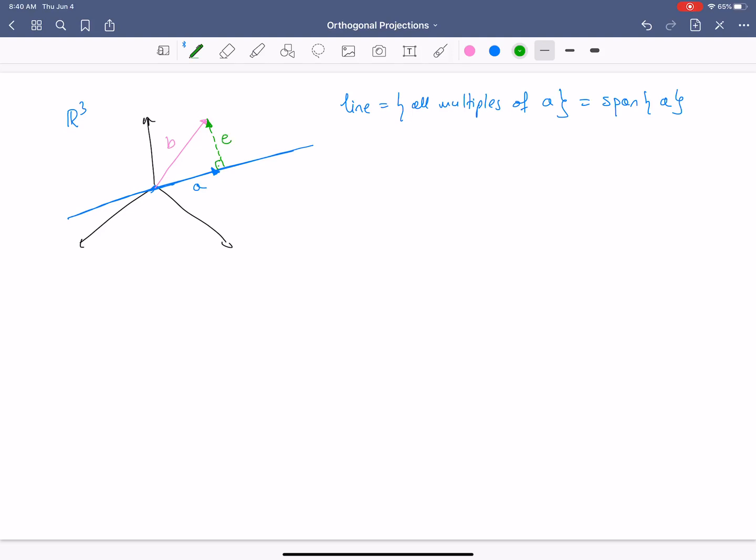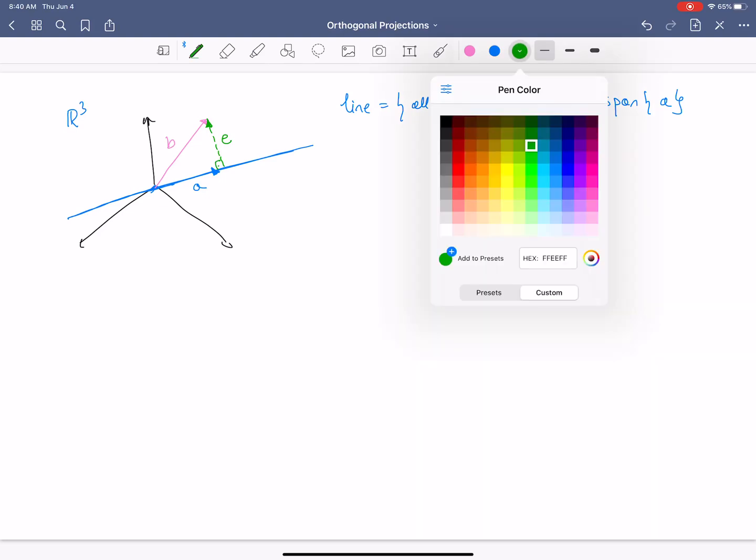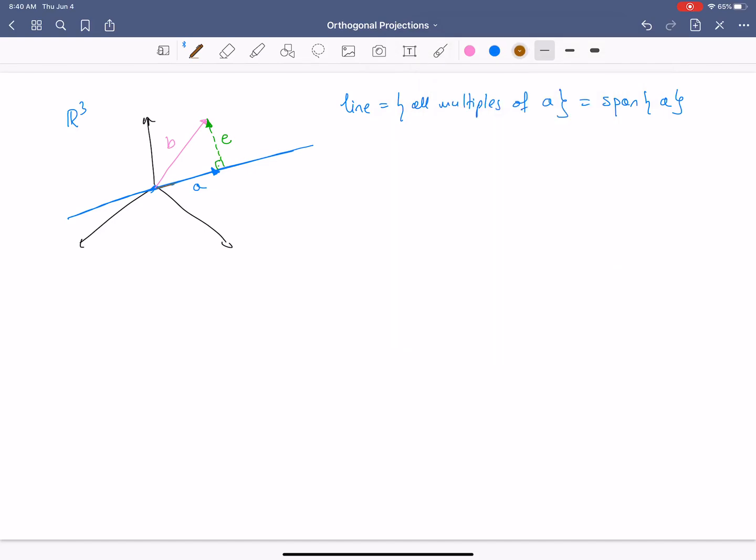We'll call that E. And what is part of the projection is exactly this part. The brown-orange thing, that's the projection P. And what we know is that the projection is on the line, therefore it is a multiple of A.